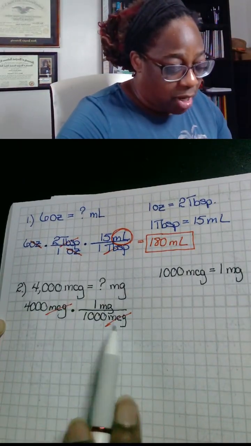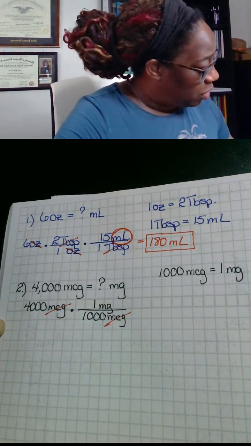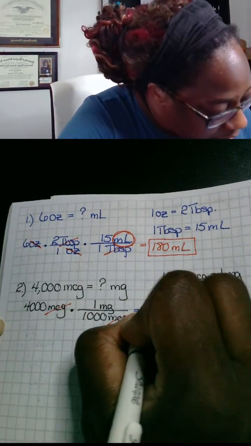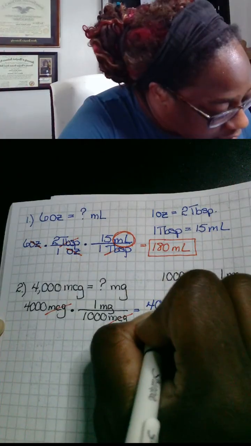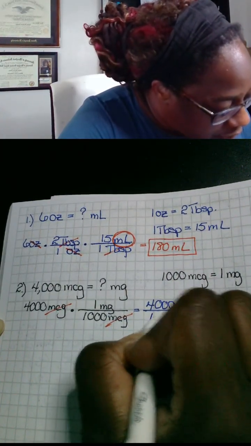One's in the numerator, one's in the denominator. So if you multiply straight across, that will give me 4,000 over 1,000.